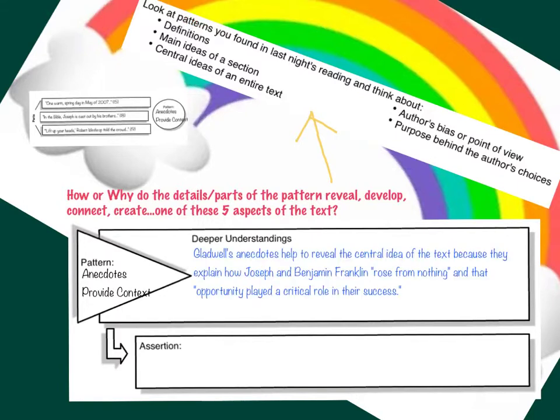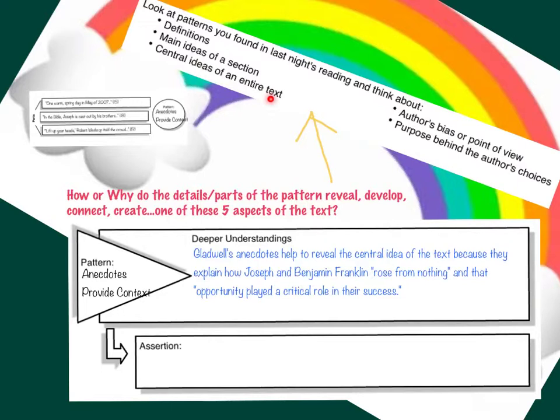So what I found for my deeper understanding after thinking about these 2, let me show you, this one and this one, these 2 anecdotes in particular, I went through all of these 5 things, and I'm focusing on the central idea of the entire text. And I found that these 2 anecdotes help to reveal the central idea of the text.